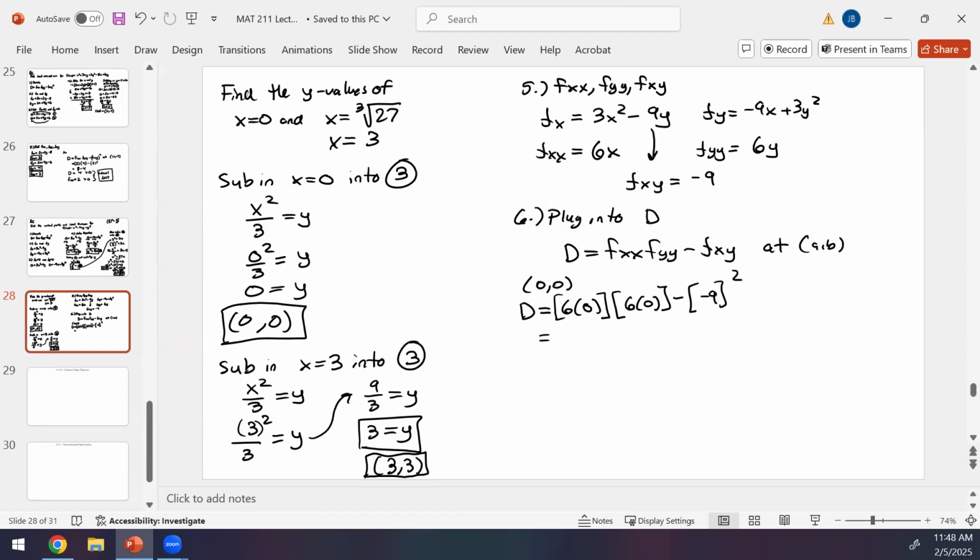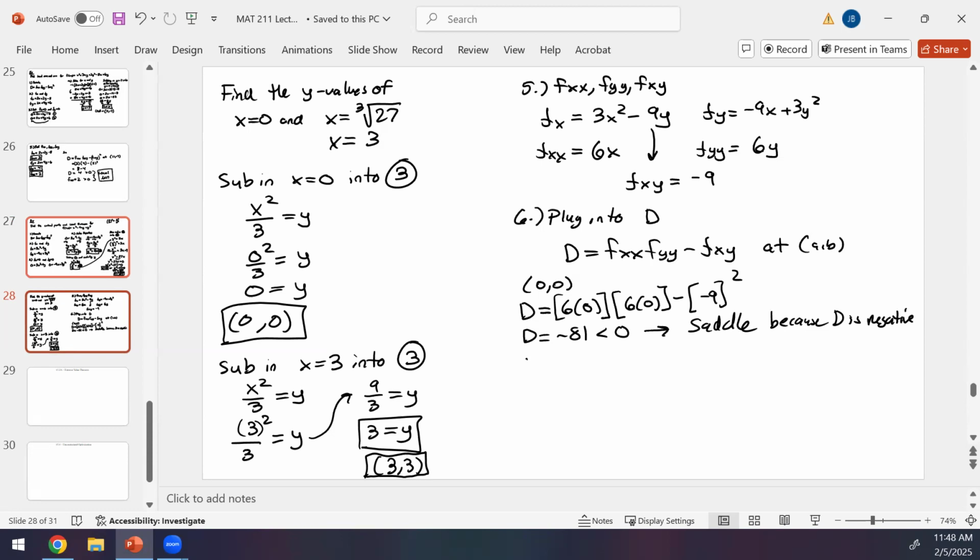So negative 9 squared is 81, but the minus on the outside makes it a negative 81. So D is negative, so less than 0, which means saddle immediately. I don't have to worry about fxx. It's saddle because D is less than 0. There you go.